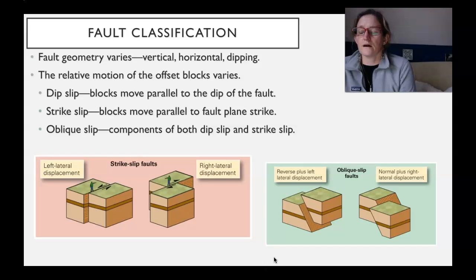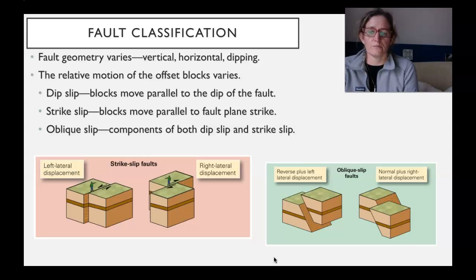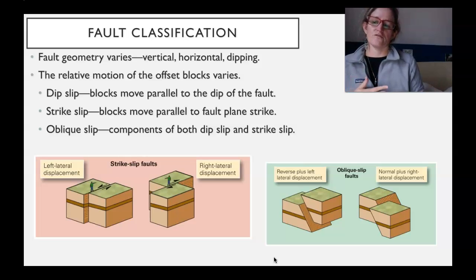There can be different kinds of motion on the two sides, the hanging wall and the footwall, depending on the strain. And we classify the faults in three groups, really two main groups and then an extra one. Dip slip, where the movement on the fault is parallel to the dip of the fault.